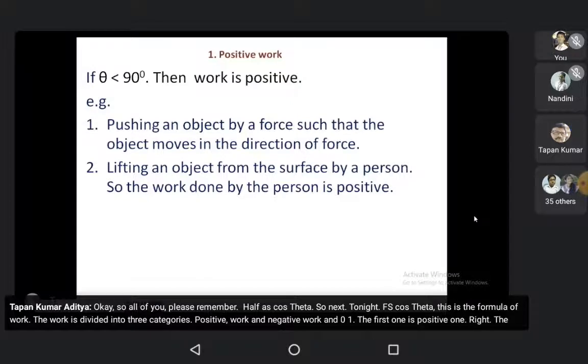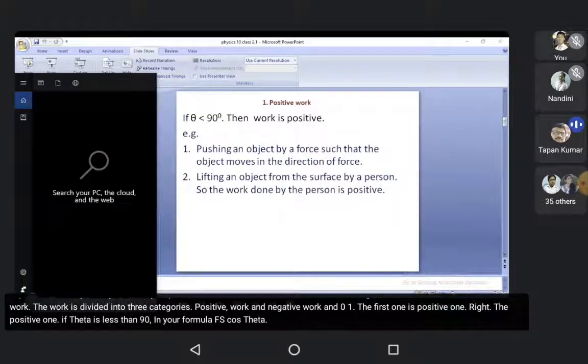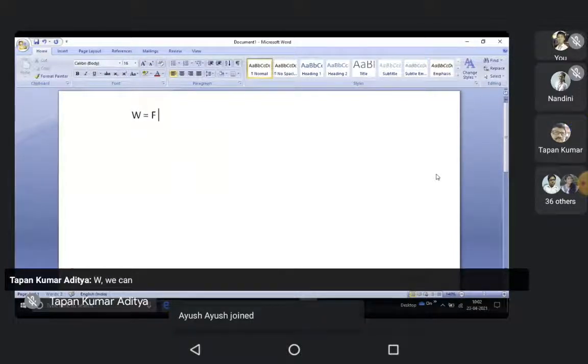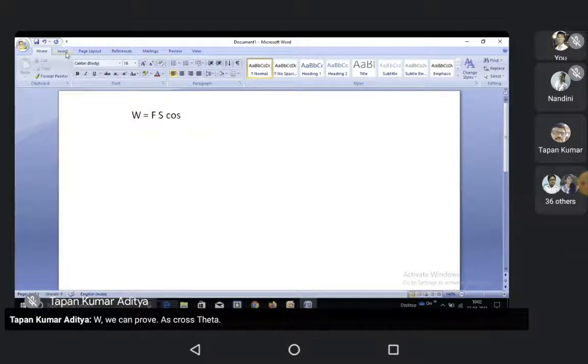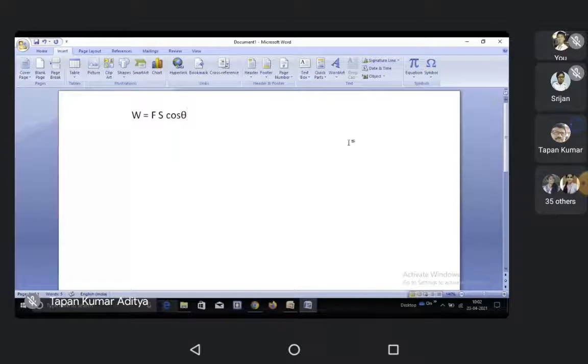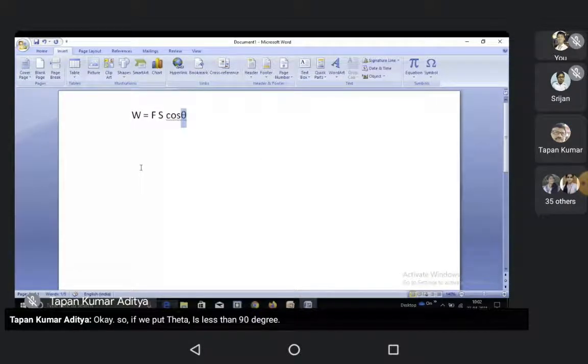The work is positive if theta is less than 90 degrees, in your formula W equal to Fs cos theta.